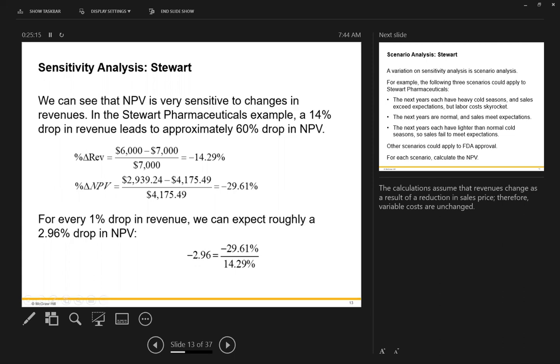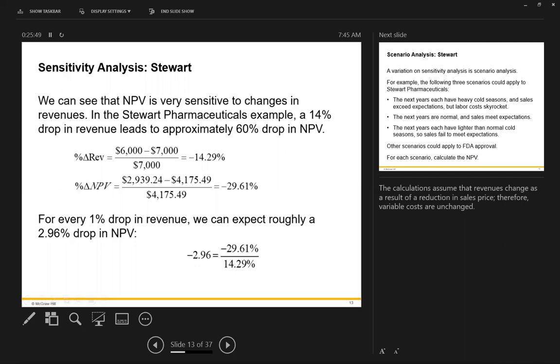So for every 1% drop in revenue, we can expect NPV to decrease 2.96%. How do we know? Take the NPV drop, so the decrease in NPV, divided by the decrease in revenue. There should be a minus sign in front of that. These PowerPoints aren't that great this chapter. So an overall decrease of 2.96.